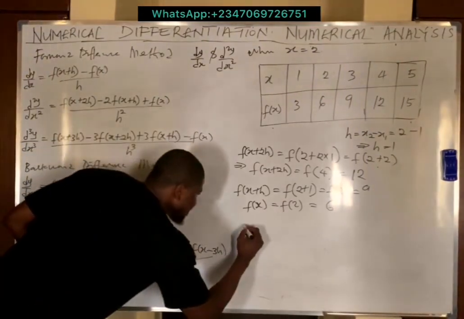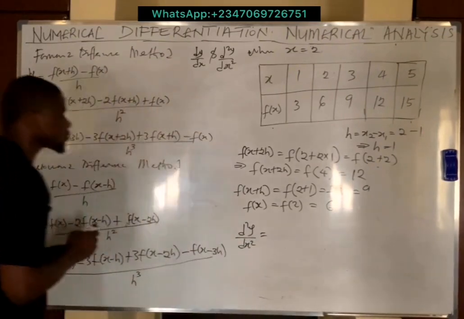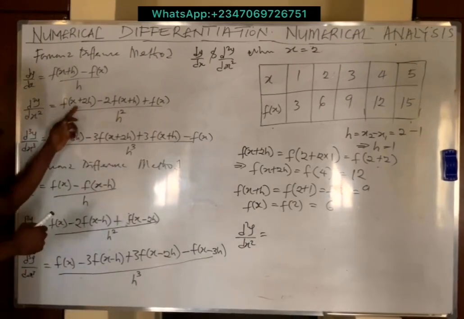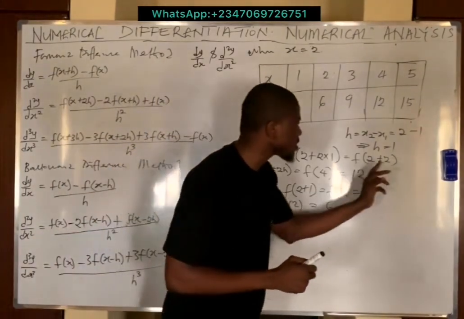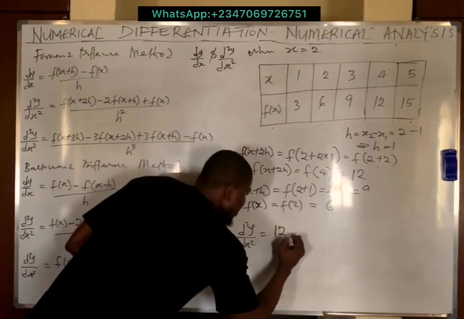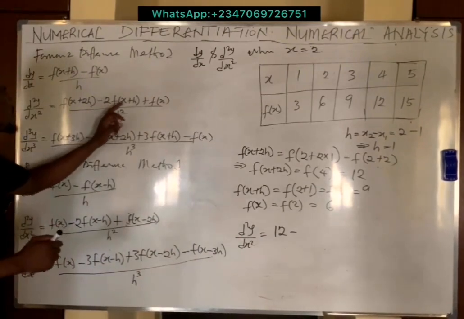So you have d squared y over dx squared to now be equal to, the formula says, f of x plus 2h, and we know our f of x plus 2h to be 12. So you simply put it down: 12 minus 2 times f of x plus h.